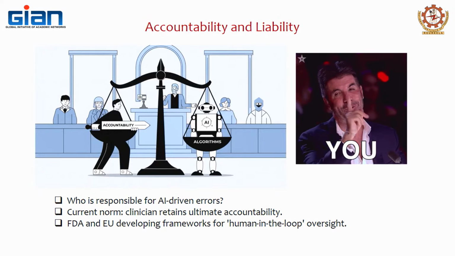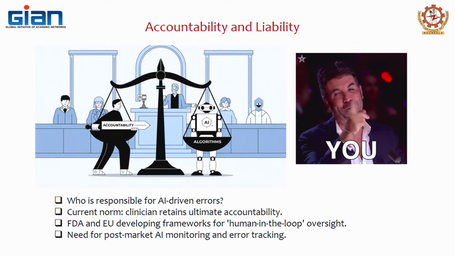So if a model is making a decision, you have a human in the loop, and you try to make sure you're doing as much as possible to correct that decision, so that for the final decision the model also has some liability, it's not just the human. So we need post-market AI monitoring and error tracking.